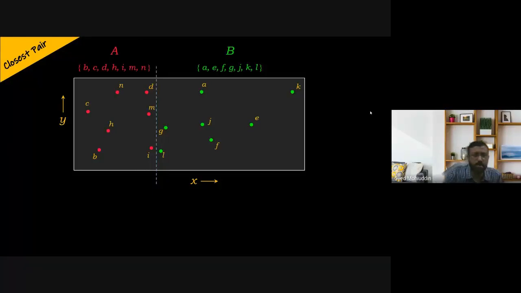Now assume that in partition A, points B and H have the minimum distance.